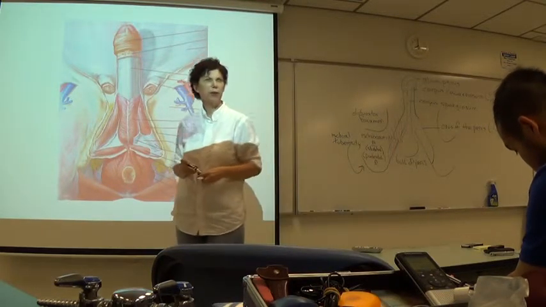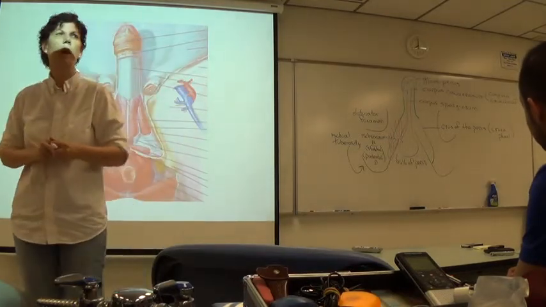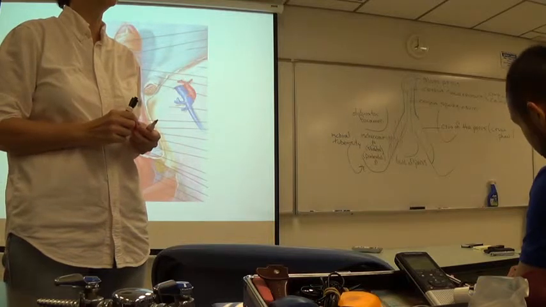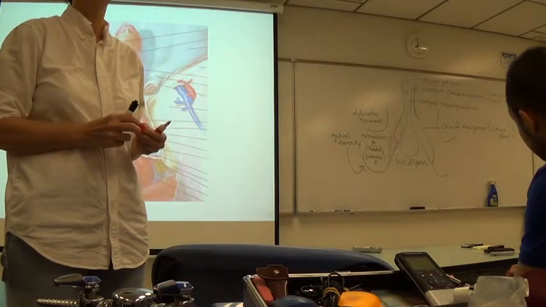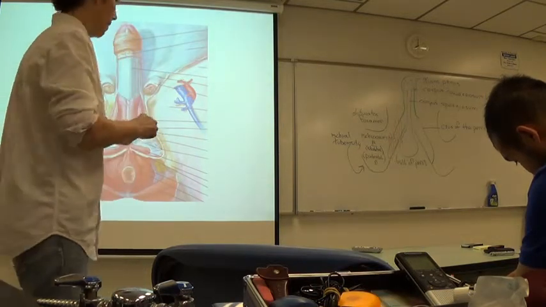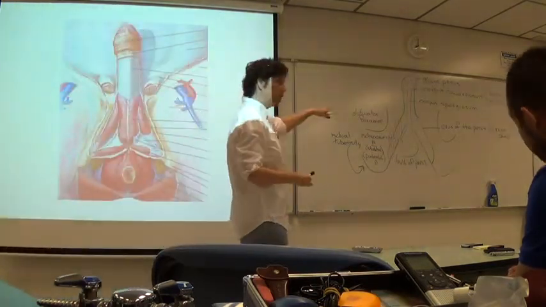Do you guys remember the pudendal nerve from 430? What plexus did it come from? Lumbar or sacral? Sacral.